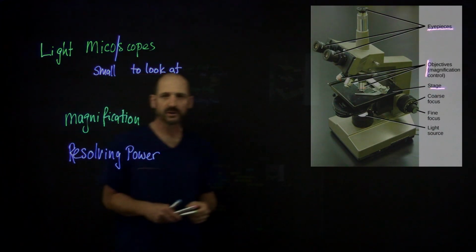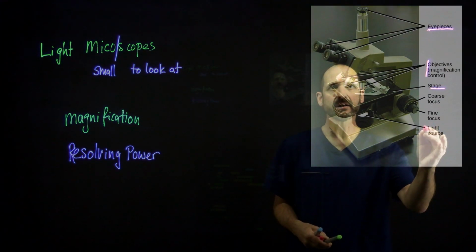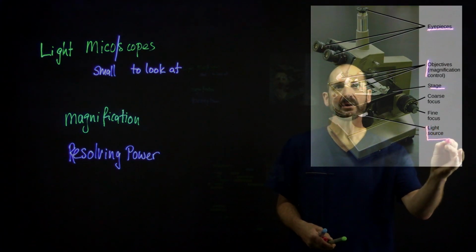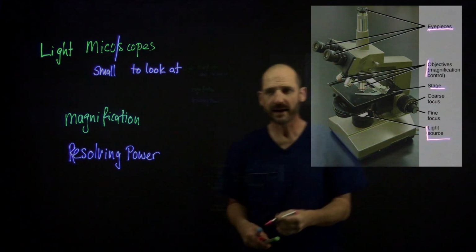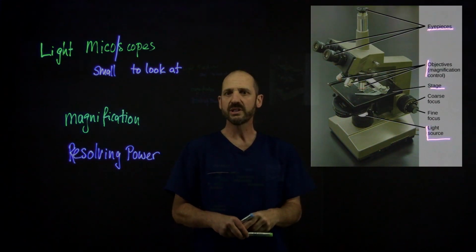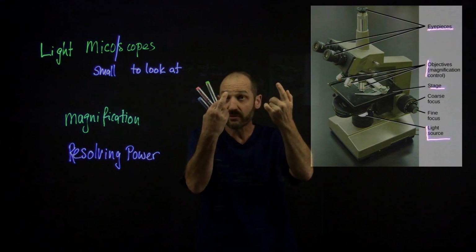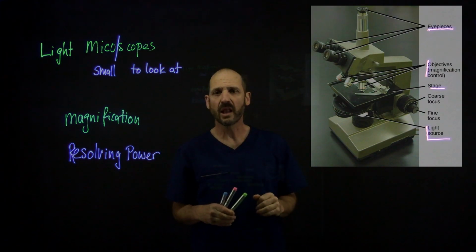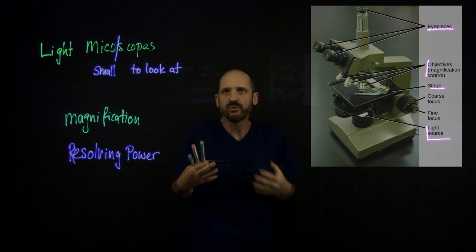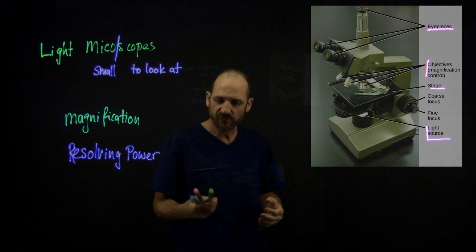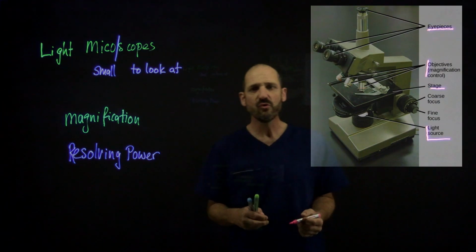In light microscopes, we have a light source down here that carries light through the specimen up into the magnification, and then we can see the object. The object has to be translucent so we can get light through, or very thin so that light can still penetrate. For me and a lot of other students, one of the hardest things is to focus an object. We have two focusing wheels.